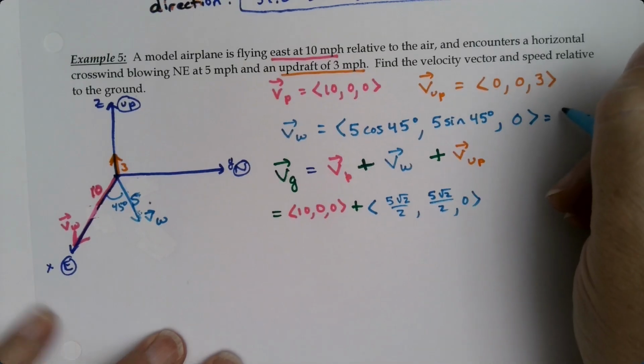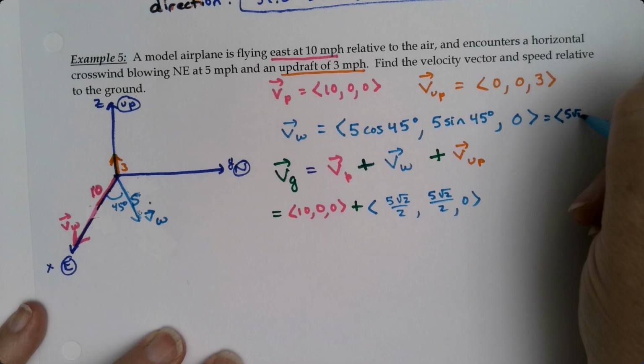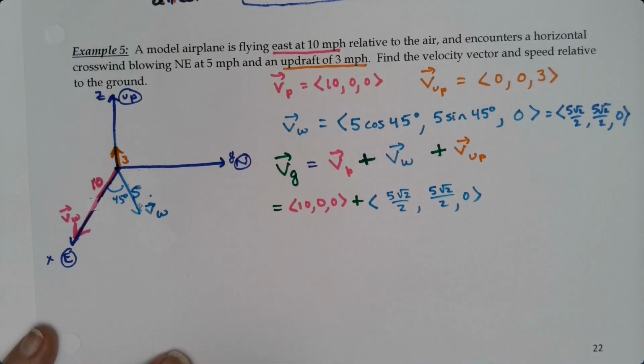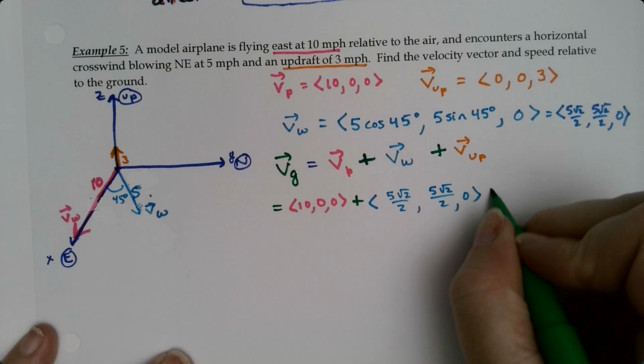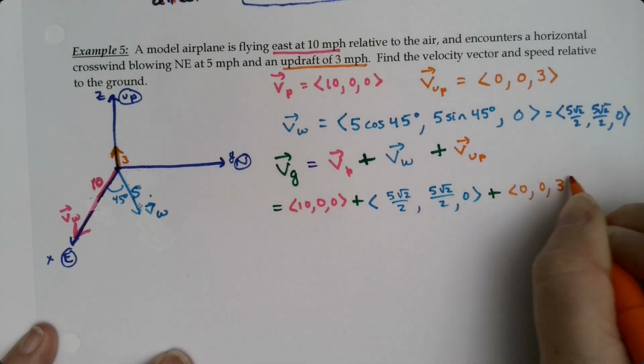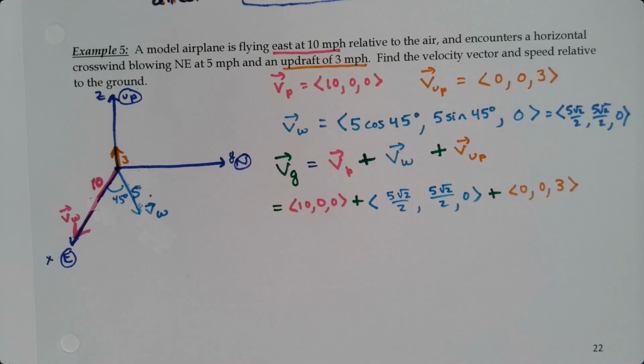I can write it over here. So this is 5 square root 2 over 2, 5 square root 2 over 2, comma 0. Right? Because it's a known angle. I don't even have to go to Desmos and figure it out. And then this is 0, 0, 3. There we have it.